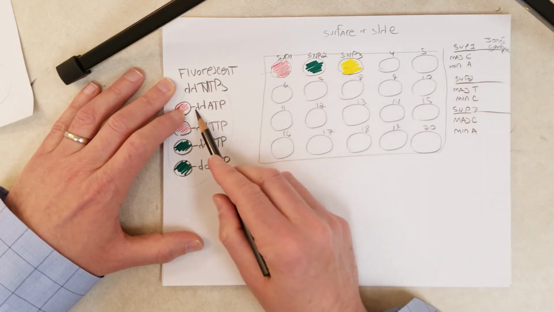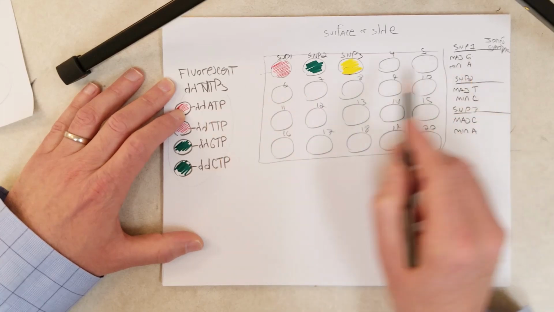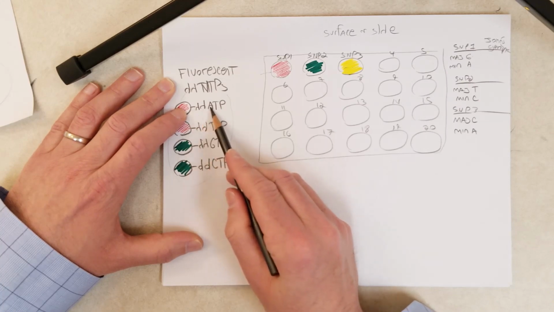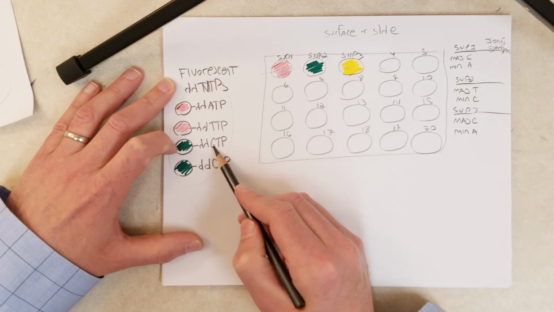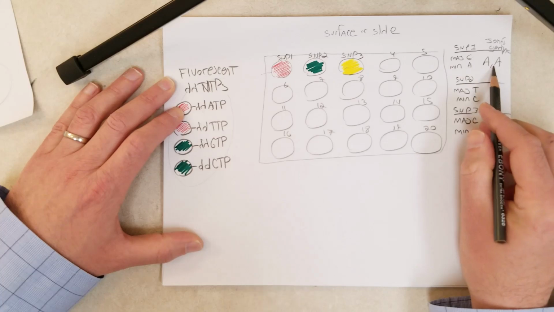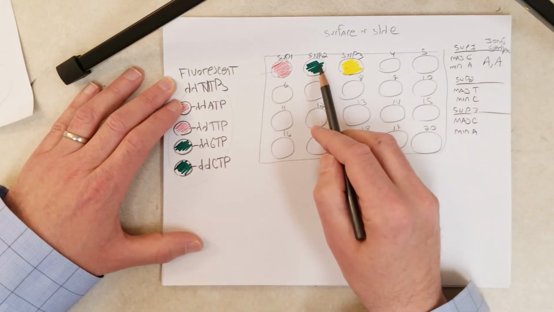We know he has to be either G or A, and we don't see any green. A is red, G is green. So homozygous A for SNP1.